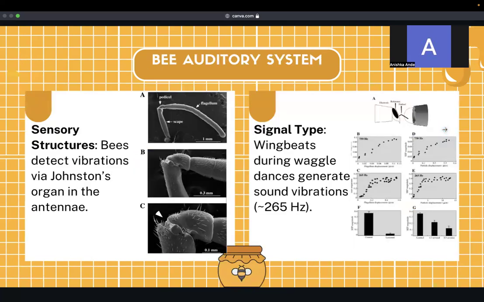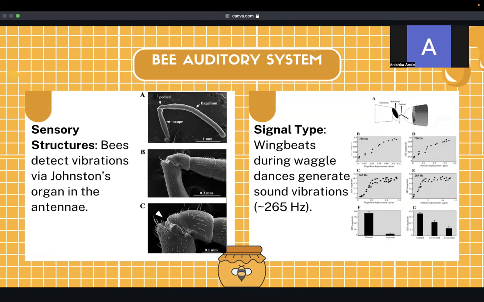So, the bee auditory system: the bee has sensory structures like the Johnston's organ, which detects vibrations in the antenna. And this is a picture of the bee's antenna with the pedicel that we mentioned before, included in the flagellum and the scapus.